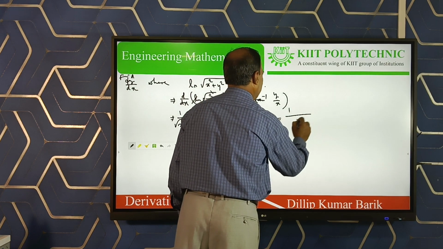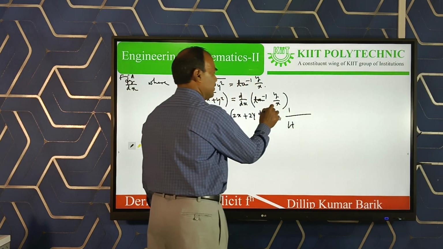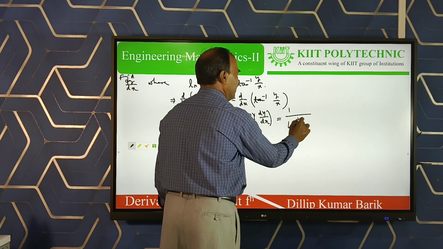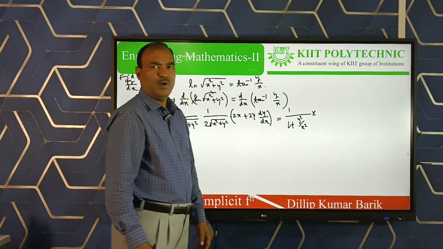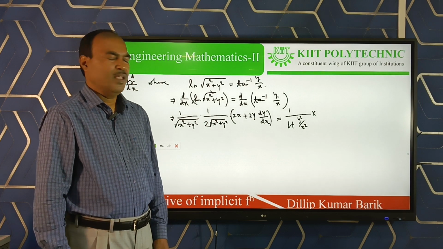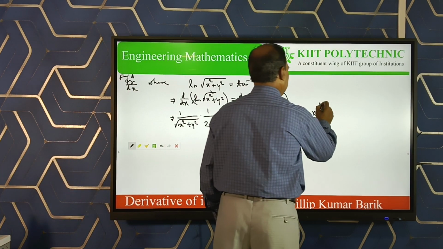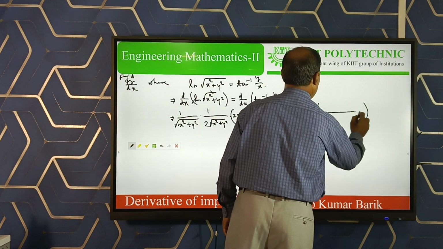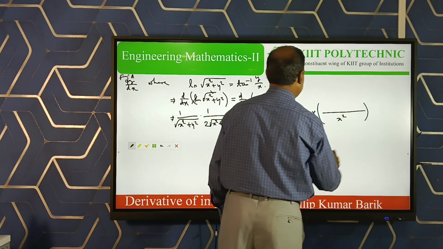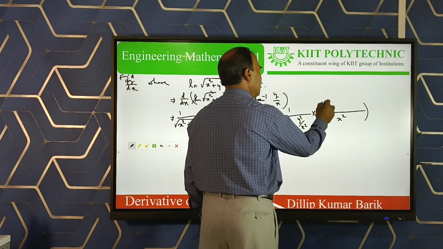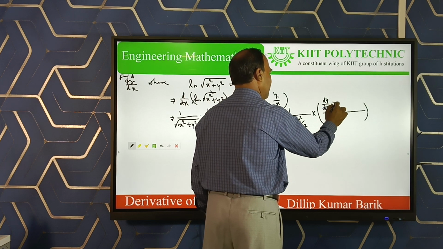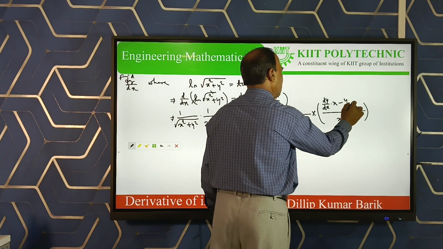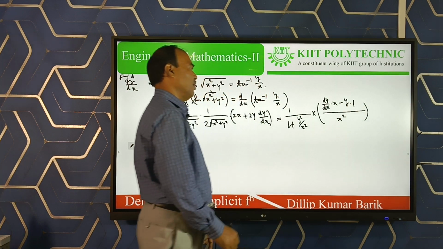Similarly, 1 by 1 plus y square by x square, into the derivative of y by x. That is by the division formula, u by v formula, again with a bracket. First the denominator squared, x square, and in the numerator: derivative of u into v, minus u into derivative of v, that is x into dy by dx minus y into 1. Clear?